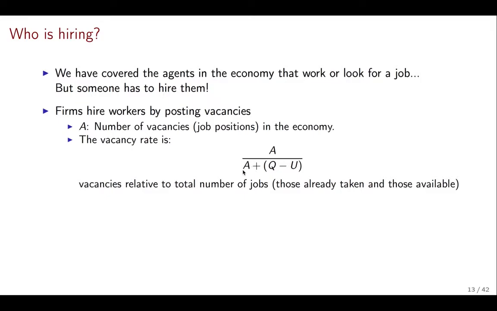So total number of vacancies, those are unfilled positions, plus total number of employees. So those are already filled positions. And this is a number that tells us how many vacancies there are relative to how many jobs there could be. So it's very informative in this way about whether all jobs are already filled or not.